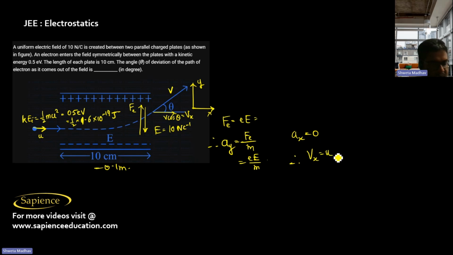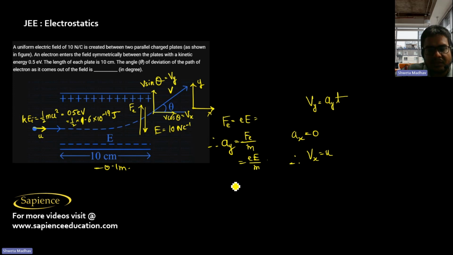So vx will be always equal to u only. And vy will be equal to ay into t. So v sine theta is equal to vy.